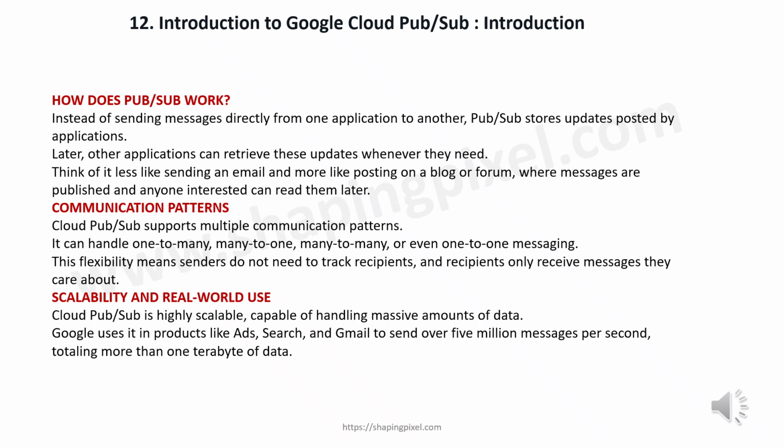Cloud PubSub supports multiple communication patterns. It can handle one-to-many, many-to-one, many-to-many, or even one-to-one messaging. This flexibility means senders do not need to track recipients, and recipients only receive messages they care about. Cloud PubSub is highly scalable, capable of handling massive amounts of data.